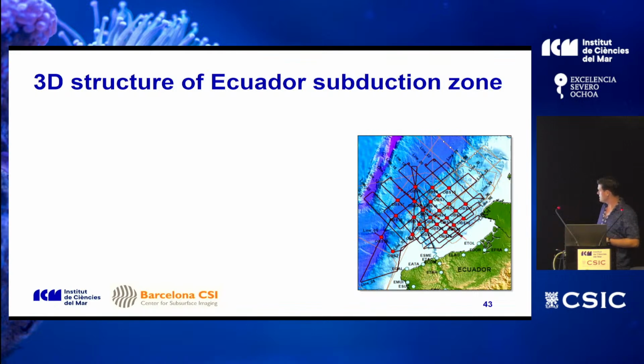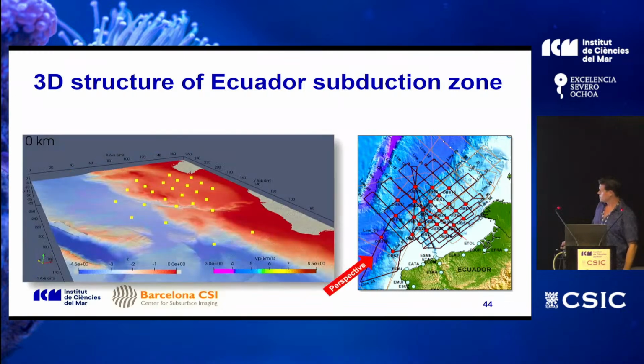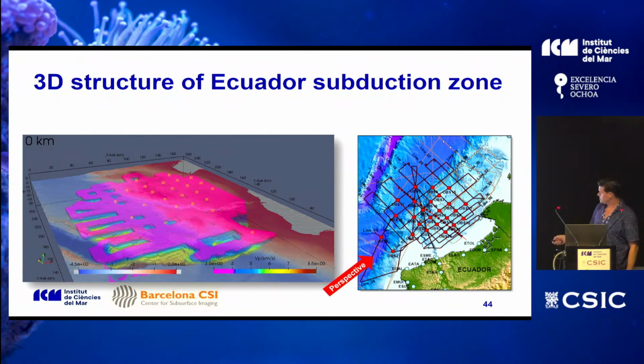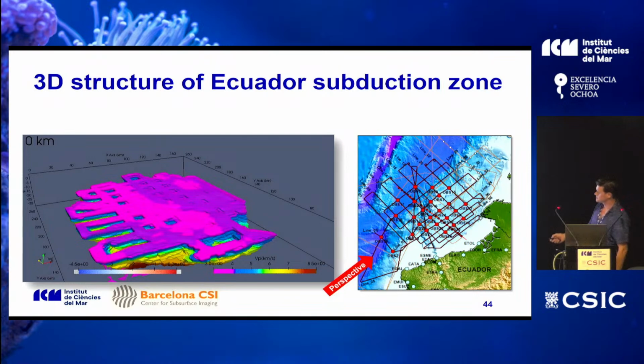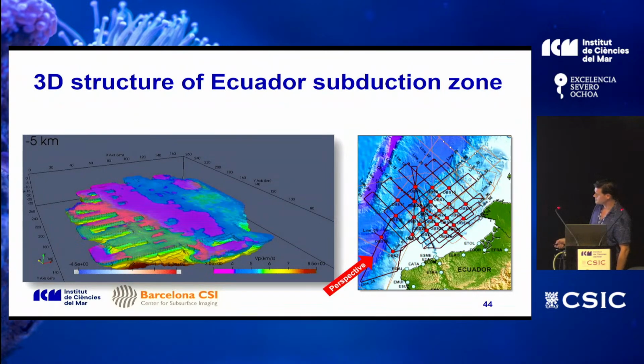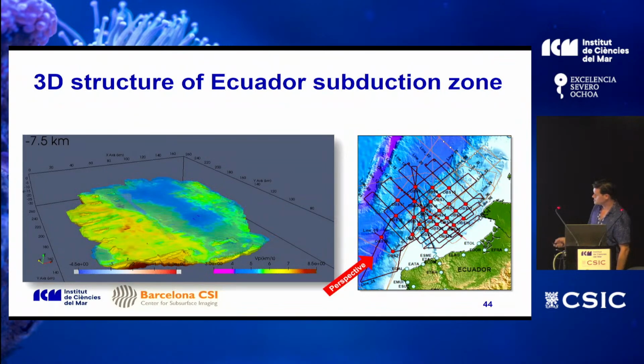What I'm going to show you here is just a tomographic image of the subduction zone offshore Ecuador. Red dots are ocean bottom seismometers, and black lines are shooting lines. This is the perspective over here. These are different slices at different depths of the tomographic model, showing P-wave velocity information.